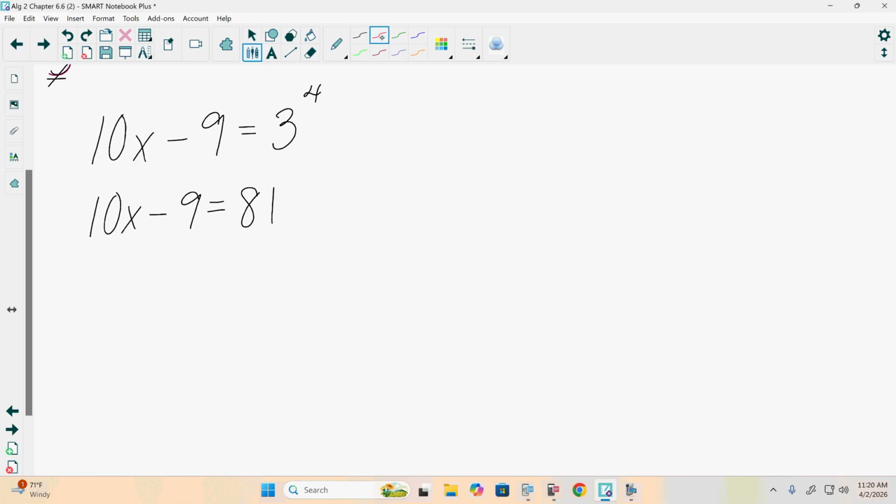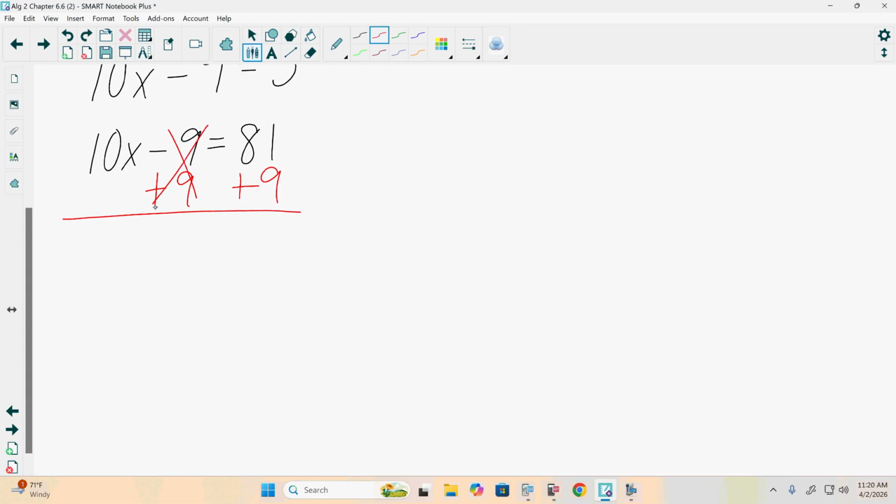Variables are out of the logarithms, but x is not by itself. So what would we need to do next? We need to add 9 to both sides, because our negative 9 plus 9 would cancel, telling us that 10x is equal to 90.